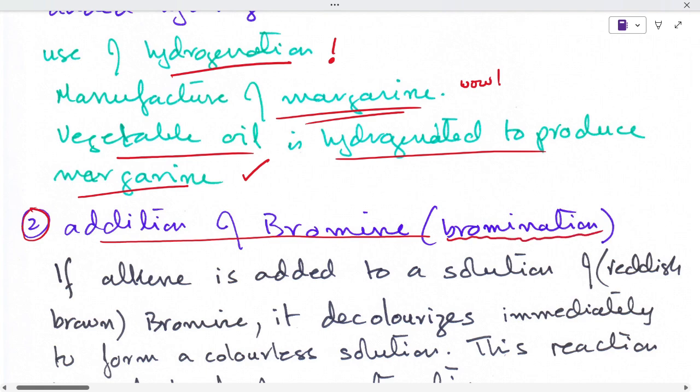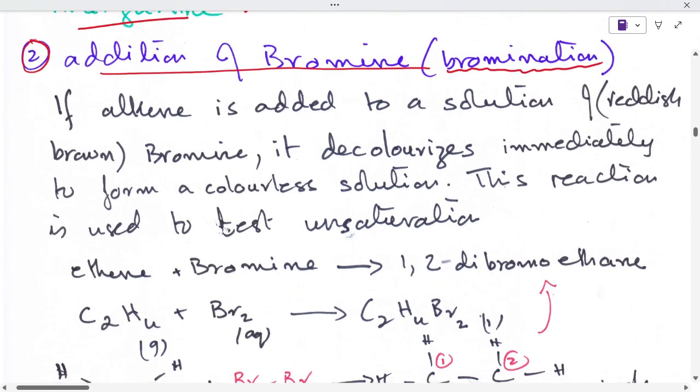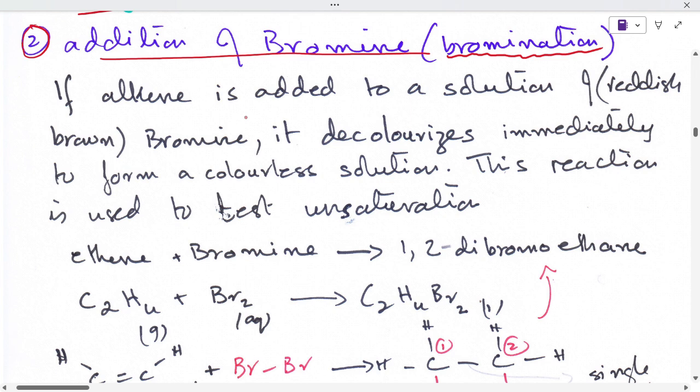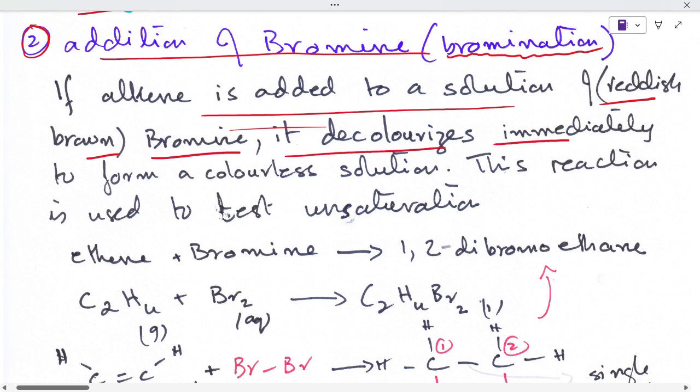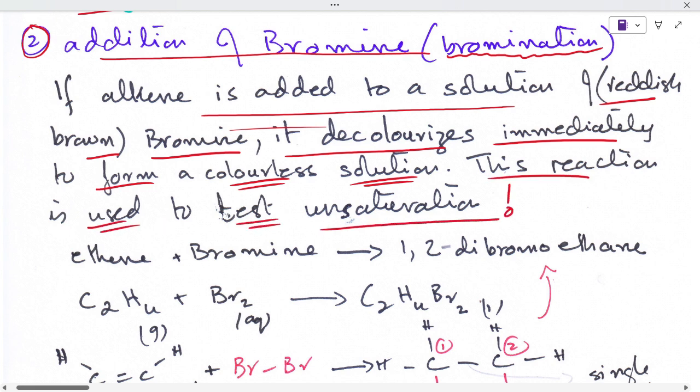Now, as you know, bromine is reddish brown color. If alkene is added to a solution of reddish brown bromine, it decolorizes immediately to form a colorless solution. This reaction is used to test unsaturation or to differentiate between saturated and unsaturated hydrocarbons.